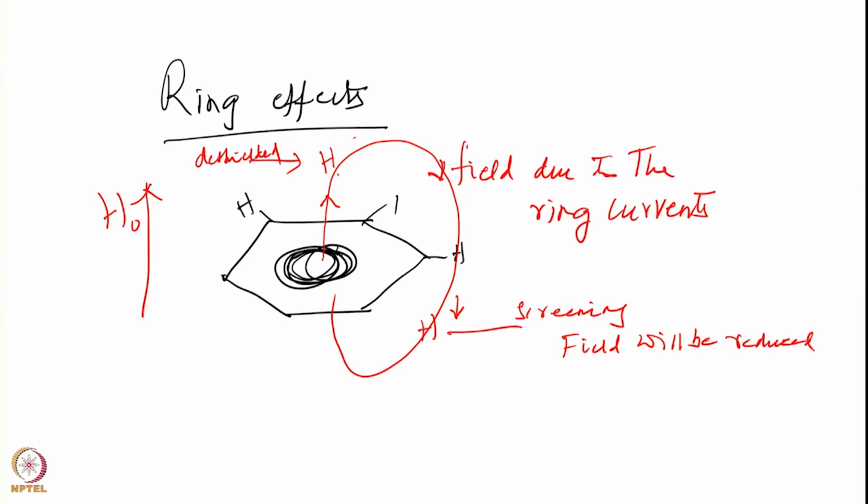So, this proton may appear here and this one may appear here. So, the ring currents can cause this kind of shifts in your absorption frequency, this is your delta. So, depending upon the screening, you will have ring current effects on your molecule.